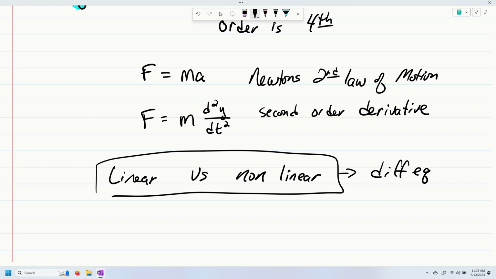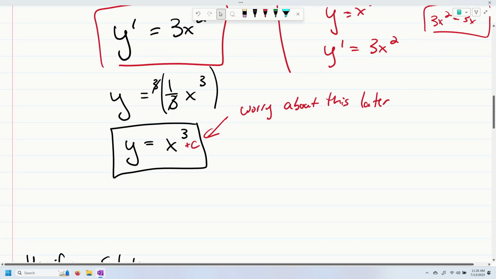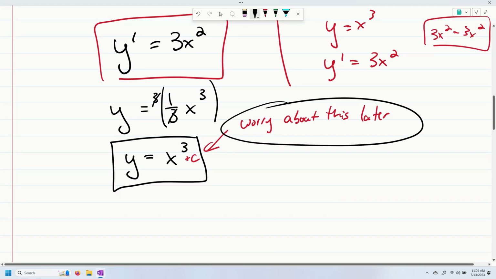So earlier I said, this plus C thing, we're going to worry about this later. Here's where it actually comes into play.